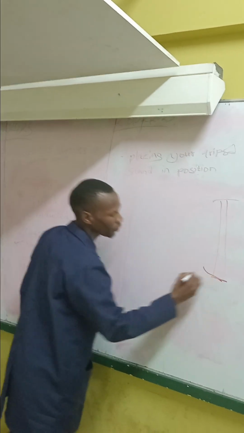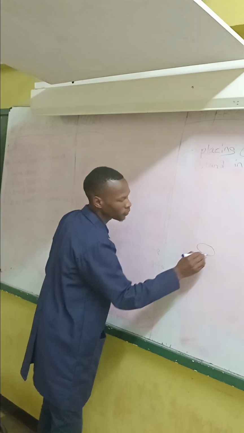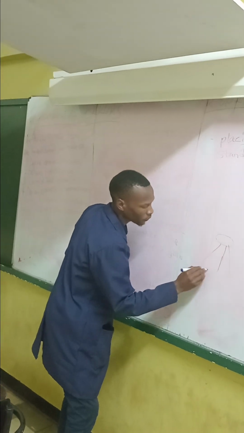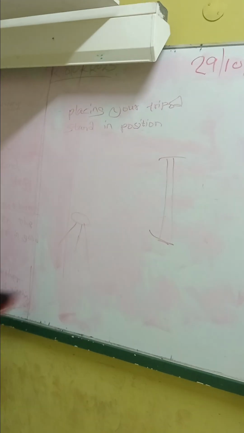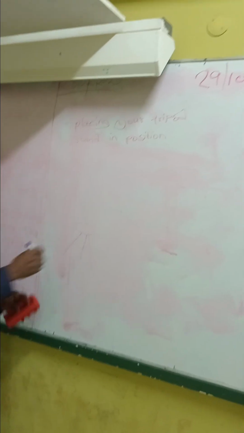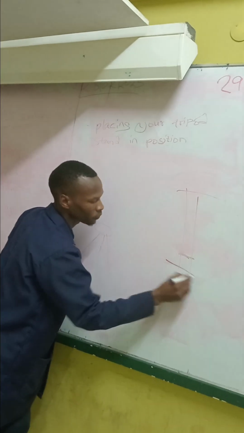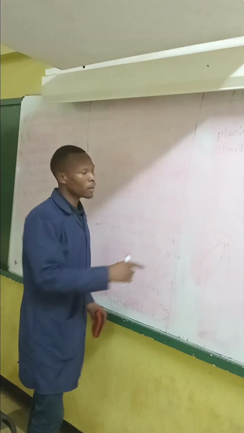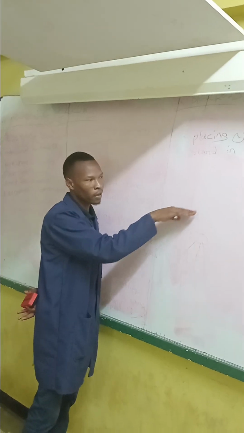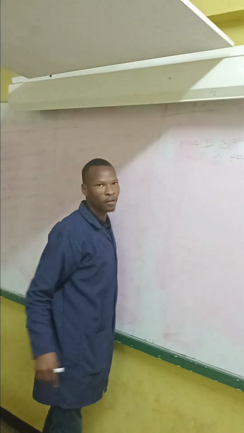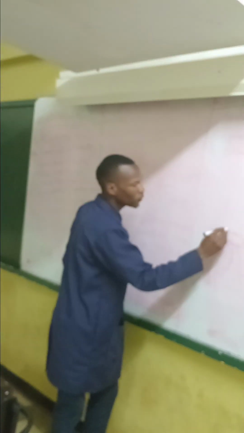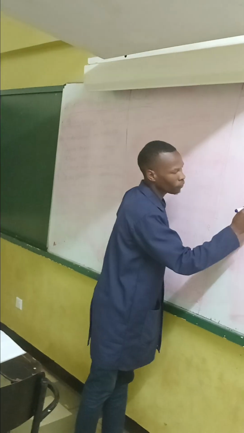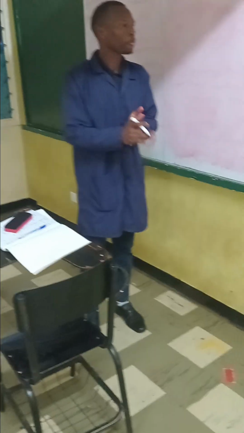For example, if your graduated staff is here and you want your instrument to be in this position, you have to ensure that your tripod stand is at the level that lets you take the readings from this position. So you have to raise it.